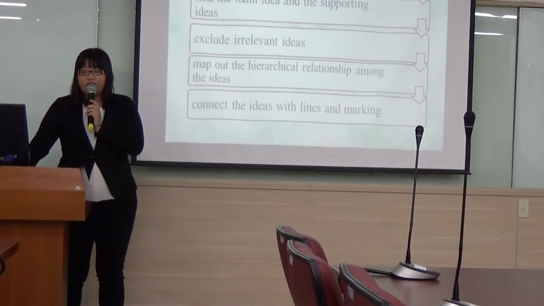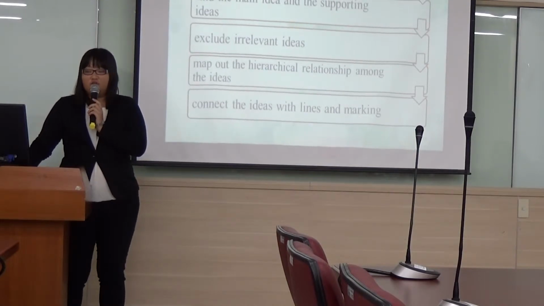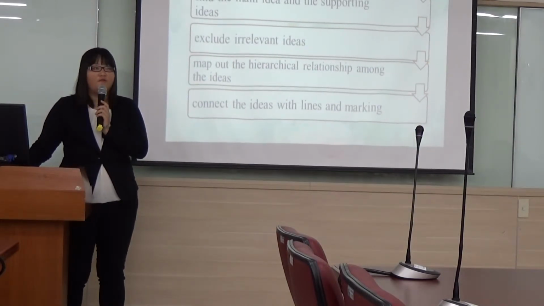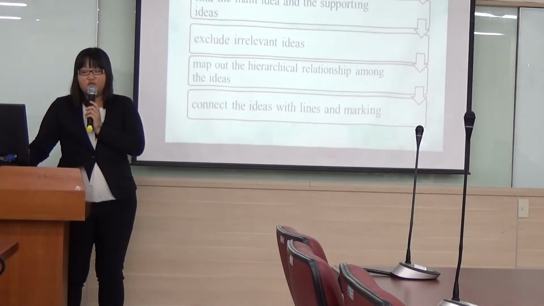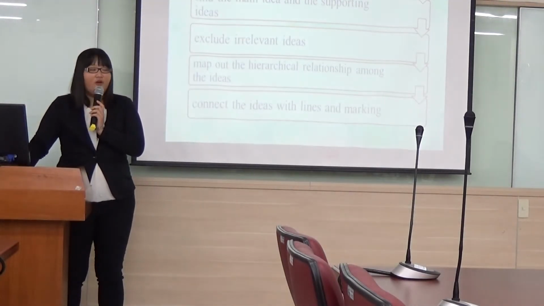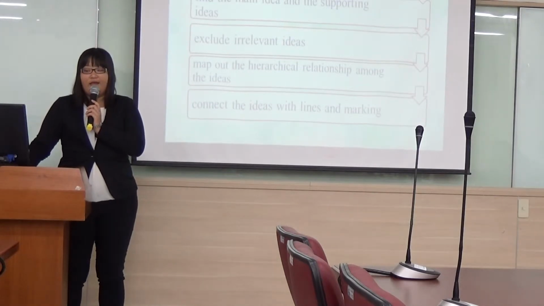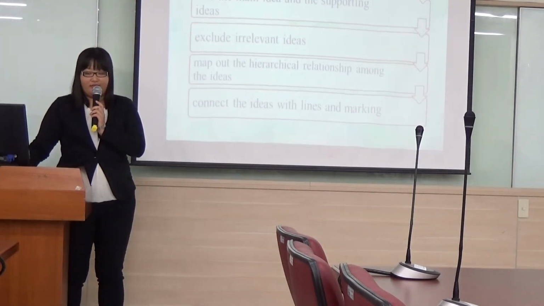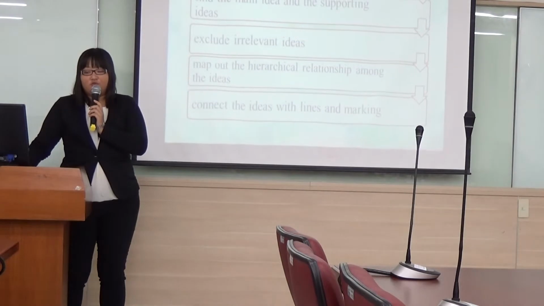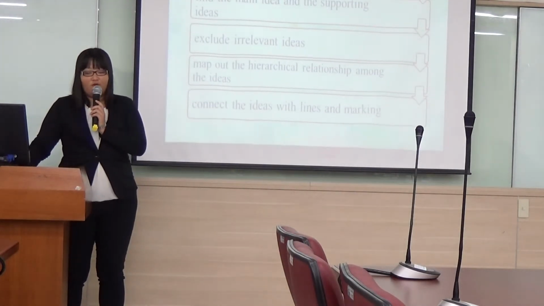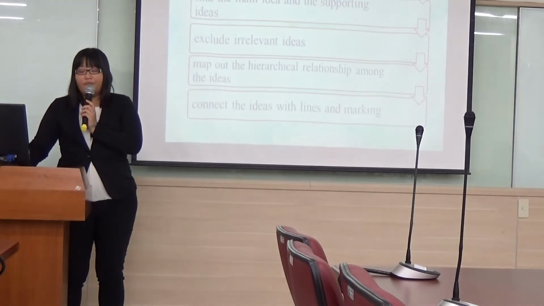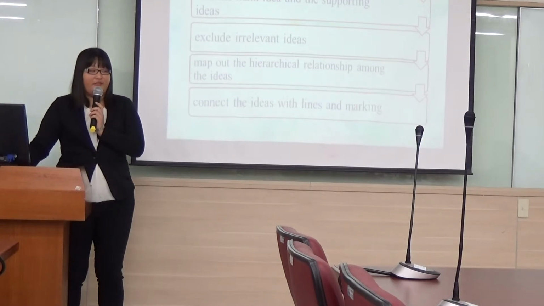Concept mapping reading strategy instruction has 5 main points. First, choose one theme for the article. Second, find the main idea and the supporting ideas. Third, exclude irrelevant ideas. Fourth, make out the hierarchical relation among the ideas.